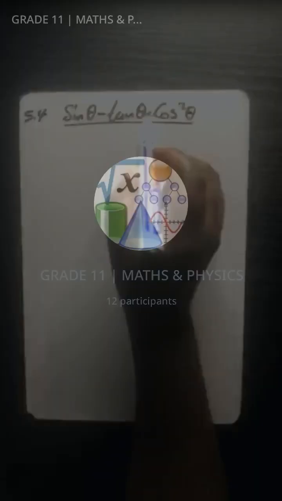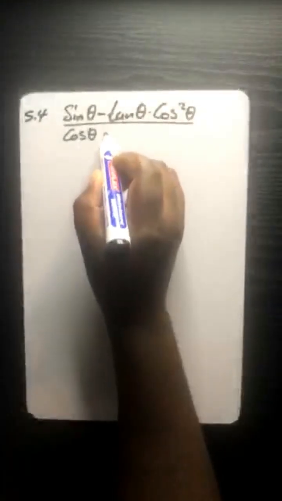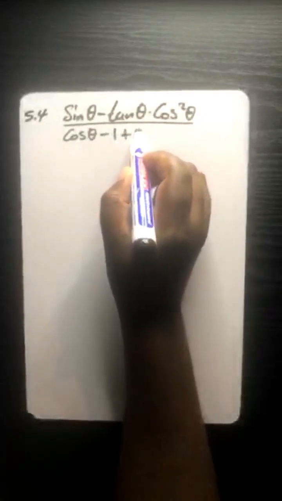So let's have a look at that last question there, where you need to prove the identity. They say sine of an angle minus tan of an angle multiplying cos squared of an angle, the whole of that divided by cos of an angle minus 1 plus sine squared of an angle.